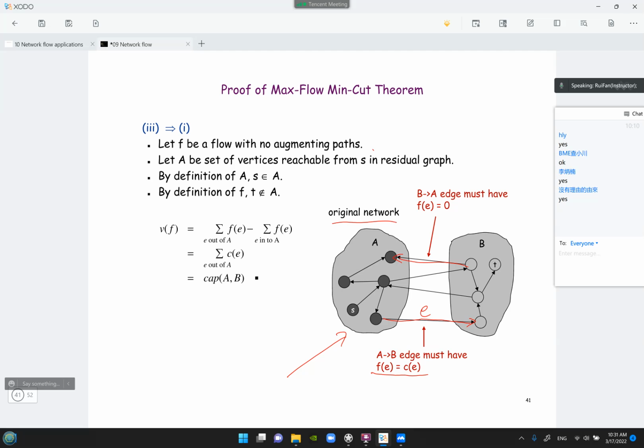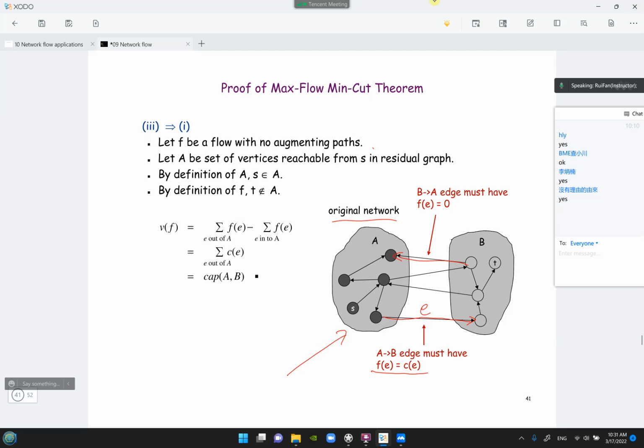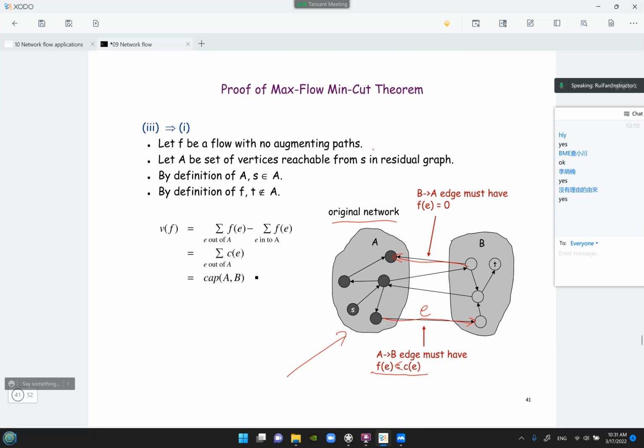The reason is, suppose this flow is actually strictly less than the capacity. Then you can add more flow onto this edge. And so that means that in the residual graph, this edge would exist from A to B, because in the residual graph, as long as you can add more flow onto an edge, you're going to keep that edge in the residual graph.